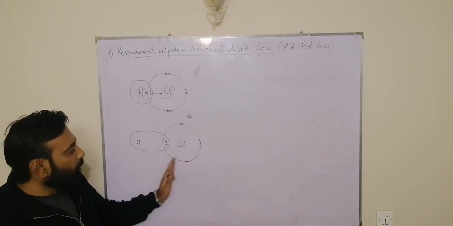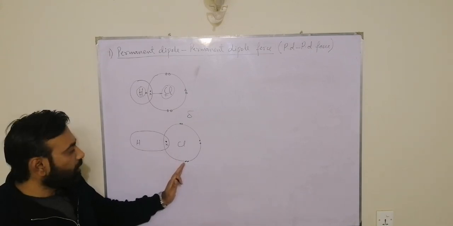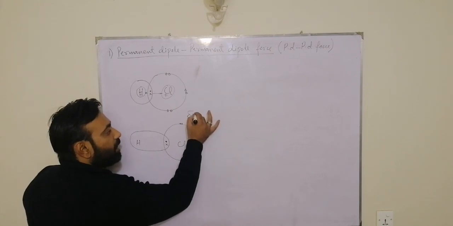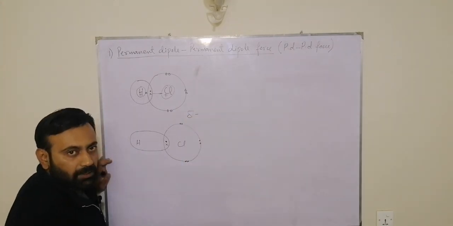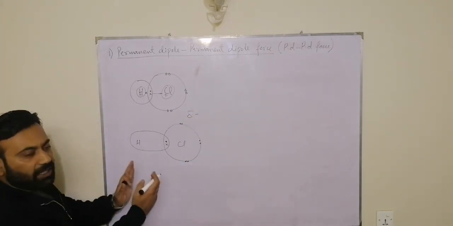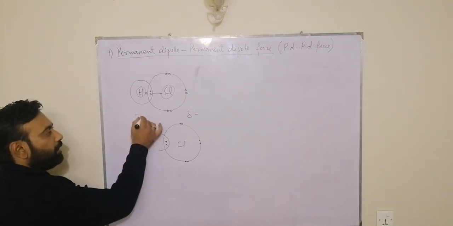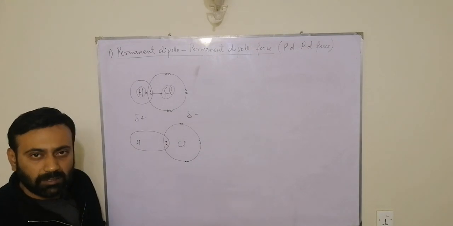Now, because this electron pair is closer to the chlorine atom, chlorine will have a partial negative charge, and the electron pair is farther away from the hydrogen atom, so hydrogen will have a partial positive charge.